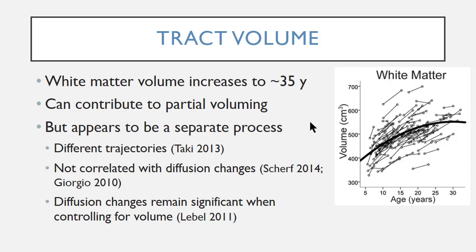But a few studies have looked at it, and the volume changes really do appear to be a separate process. One study found different trajectories of tract volume versus tract FA. A couple of other studies found that the volume changes were not correlated with diffusion changes. And in our study, we statistically controlled for volume changes and found that it didn't change our diffusion findings.